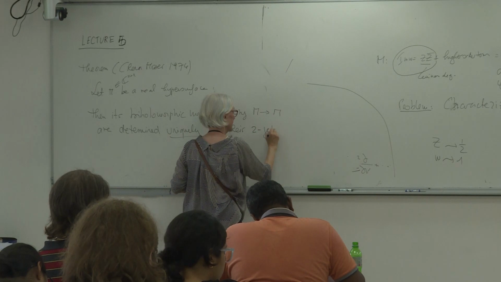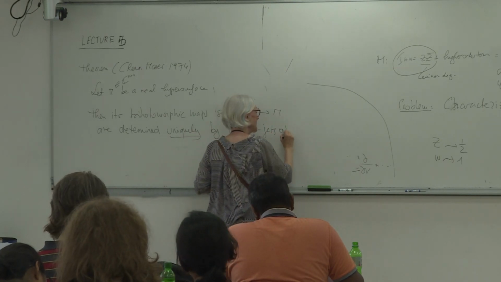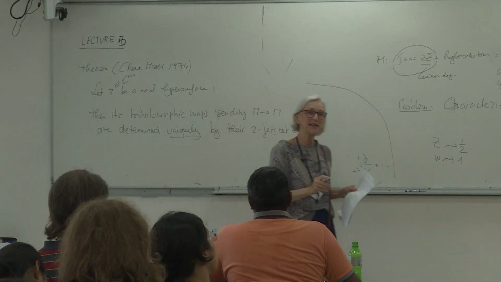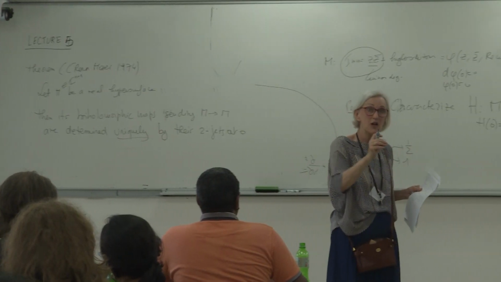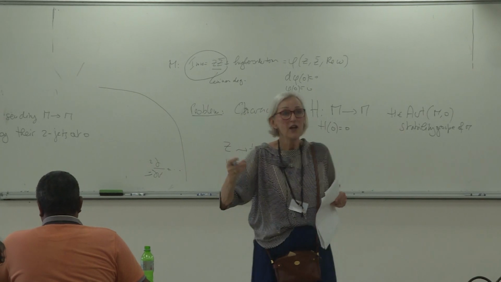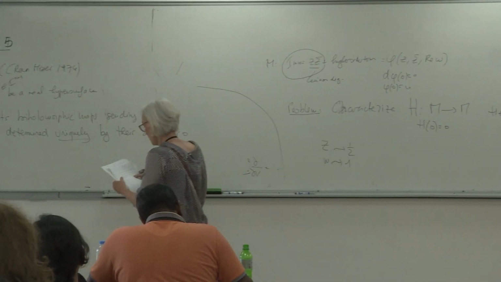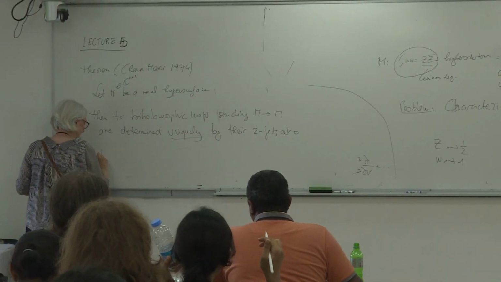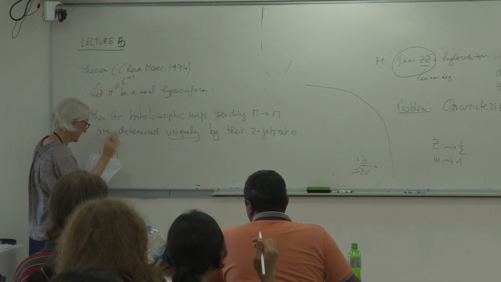Two jets at 0. What does it mean, two jets? It means h of 0, the first derivative at 0, and the second derivatives. So in C2, what does it mean? You need to know h of 0, which is 0, so there is nothing to do.